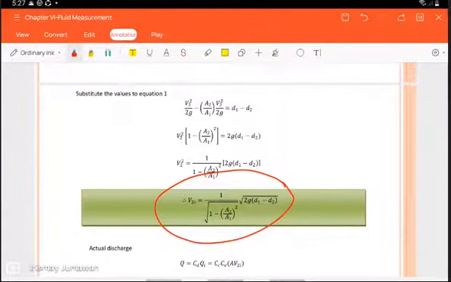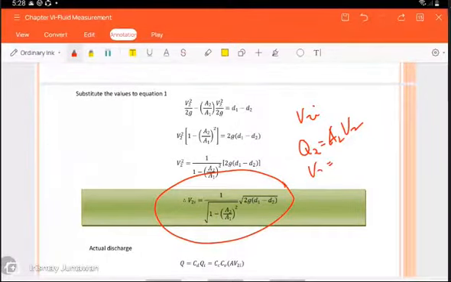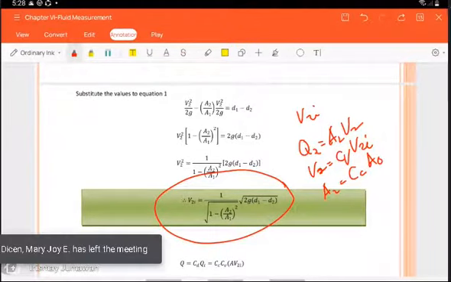Okay. So here, since what you have is V2I, and you need to determine the actual, the actual is A2 V2. So V2 is equal to CV V2I. Then your area 2 is the coefficient of contraction times the area of the opening.